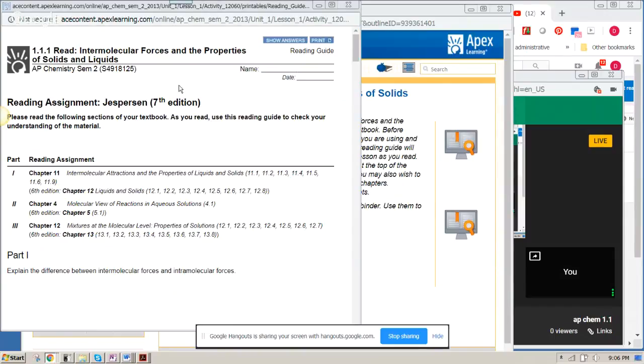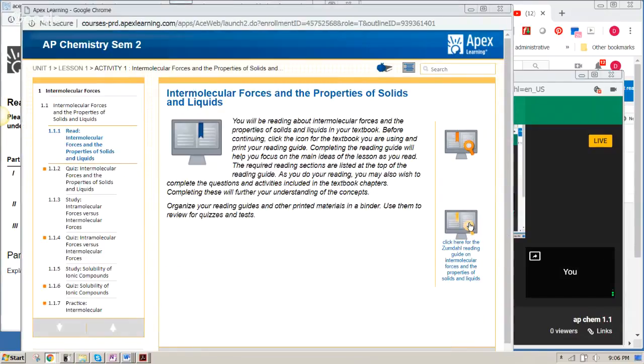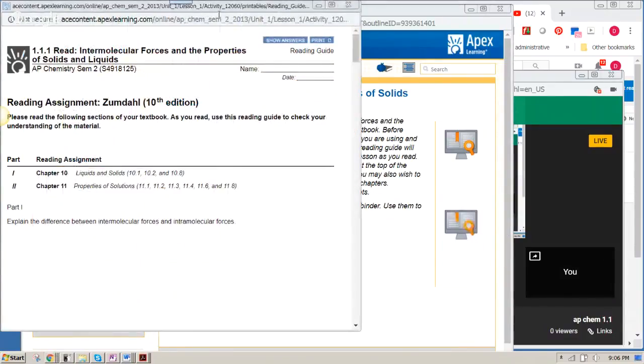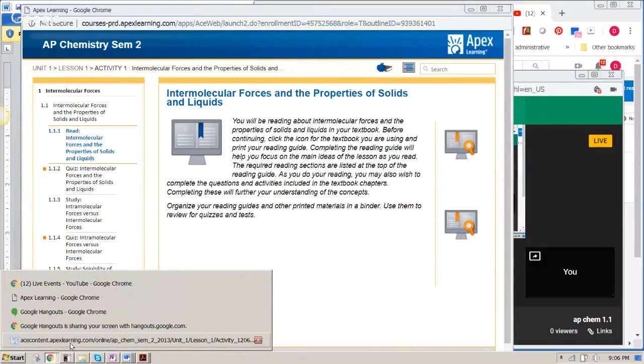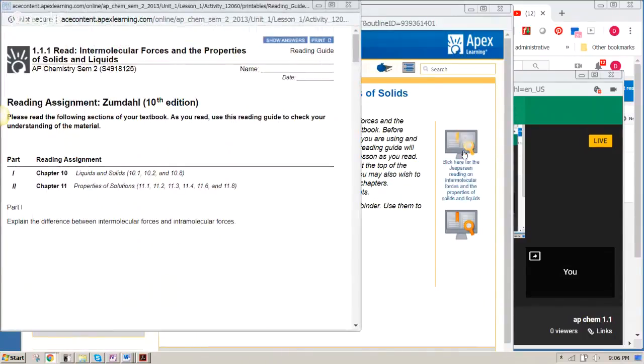I will send the reading guides to you somehow. I don't know which one you use. But I will get them to you. Hopefully they're both saved down here. Nope, only one of them.